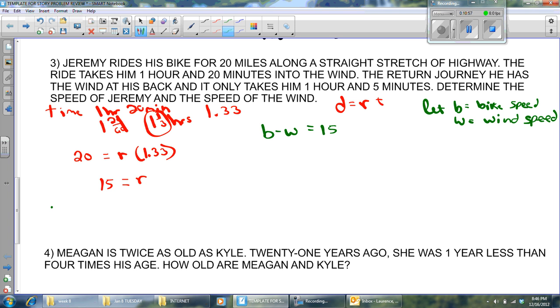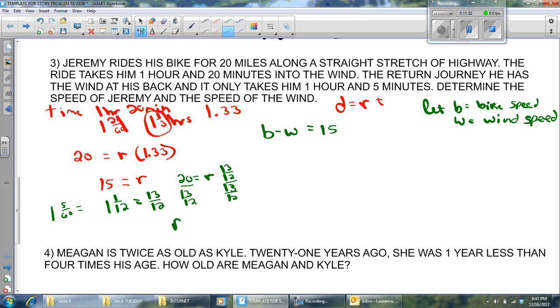So we're going to have 1 hour, 5 minutes, that'd be 5/60ths, which would be 1 and 1/12, I believe, or 13/12. Now that one won't work out so pretty when I go to stick it in my D equals RT equation, but I'm going to go ahead and use it anyway. So I'm going to have 20 equals R times 13/12. So I'm going to divide by 13/12.